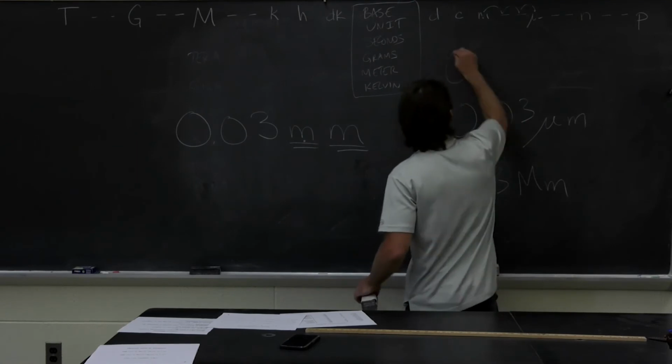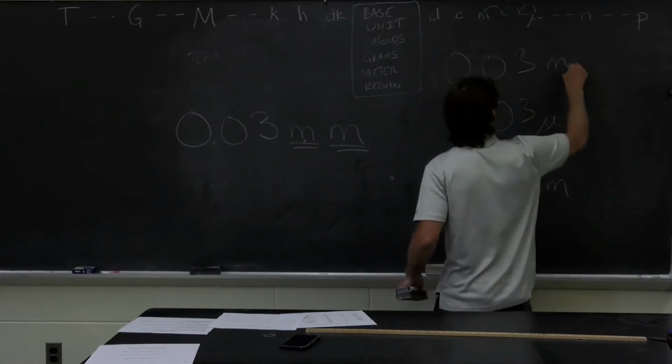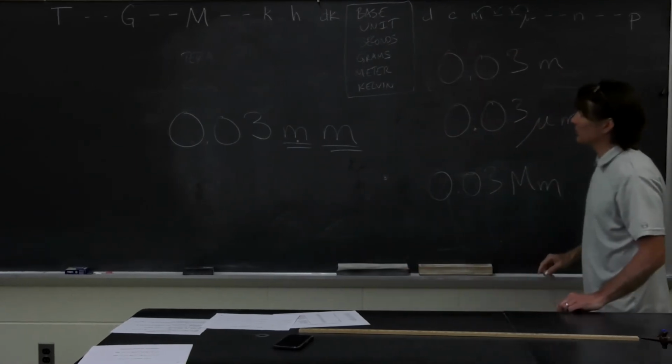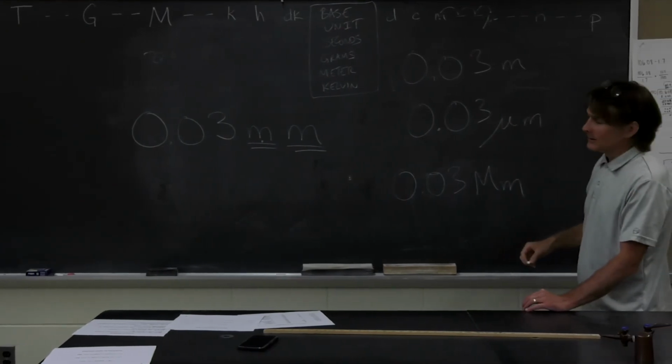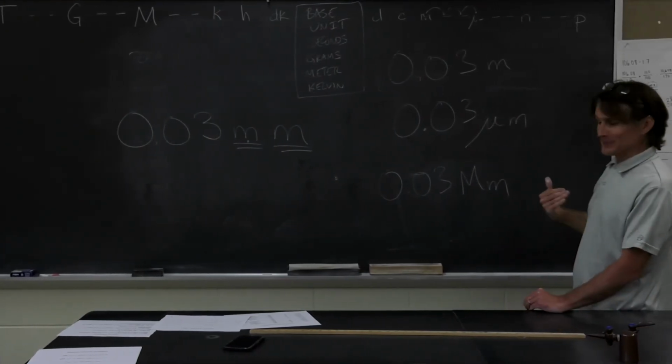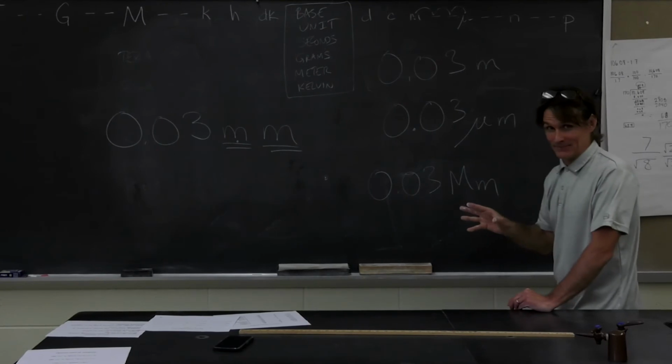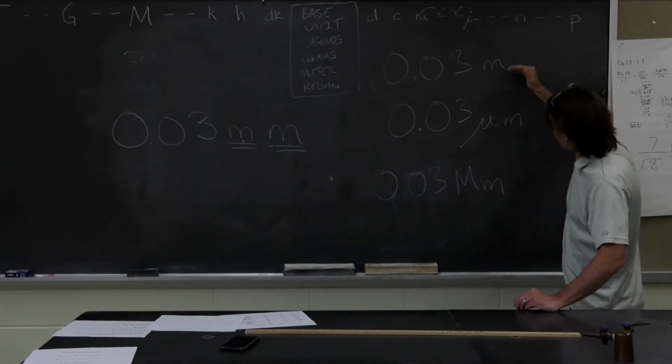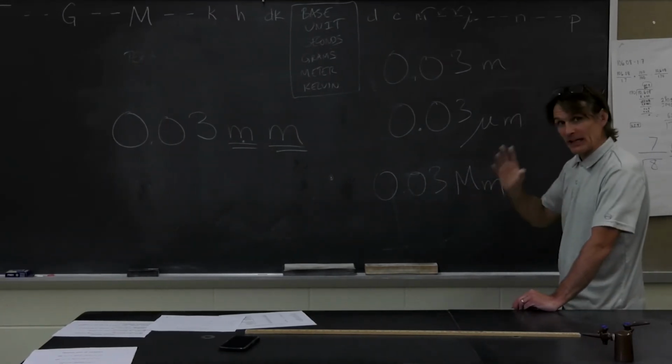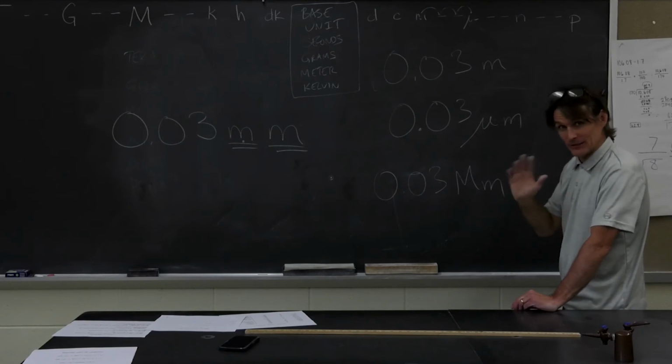You might see this. Now these are all different measures that I've written down. They're all different things. But you should know what they mean. All of these letters are conveying information to you that you need to pay attention to.